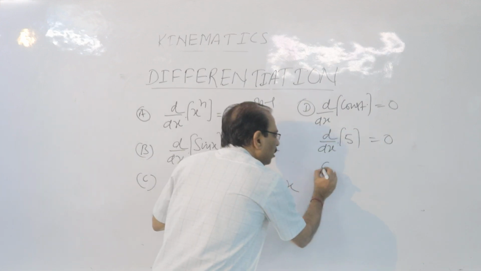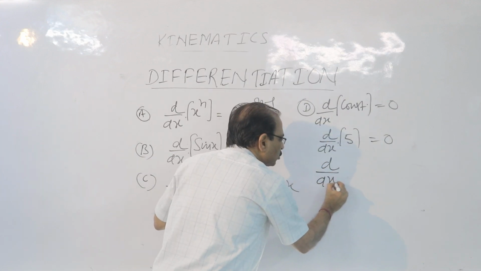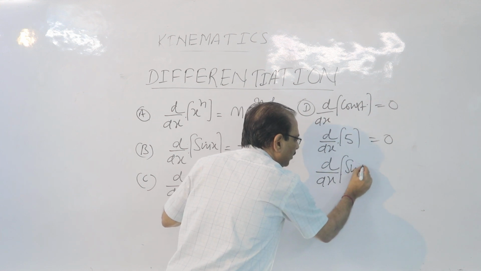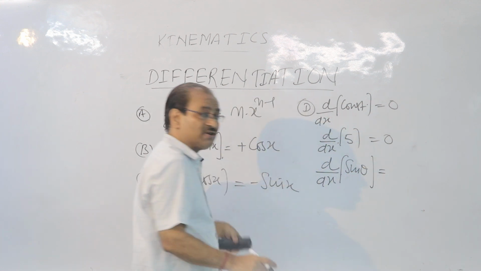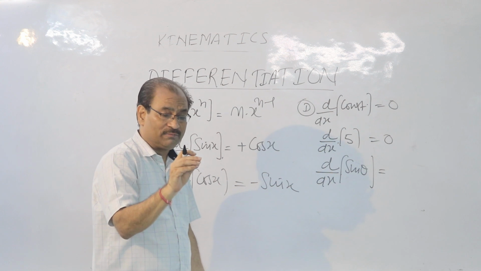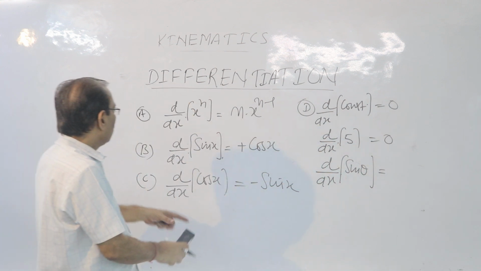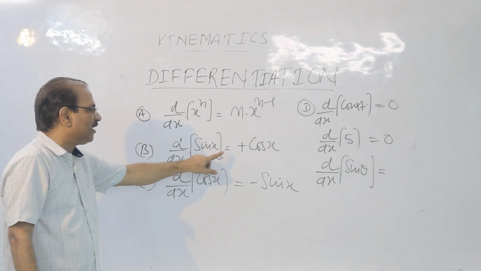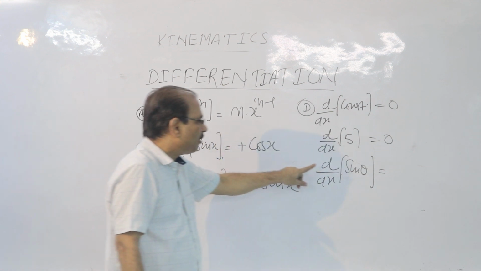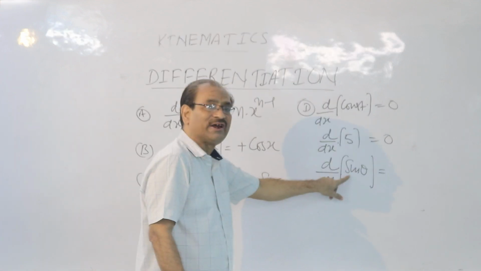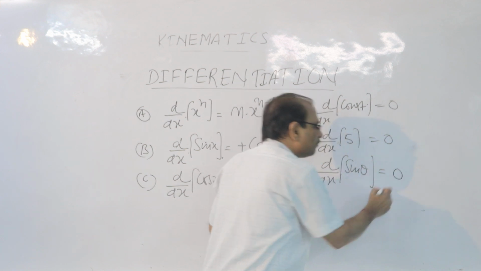Another example, d upon dx of sine of theta. This is important to see. Look carefully, d upon dx of sine x is cos x, but d upon dx of sine theta is equal to 0.